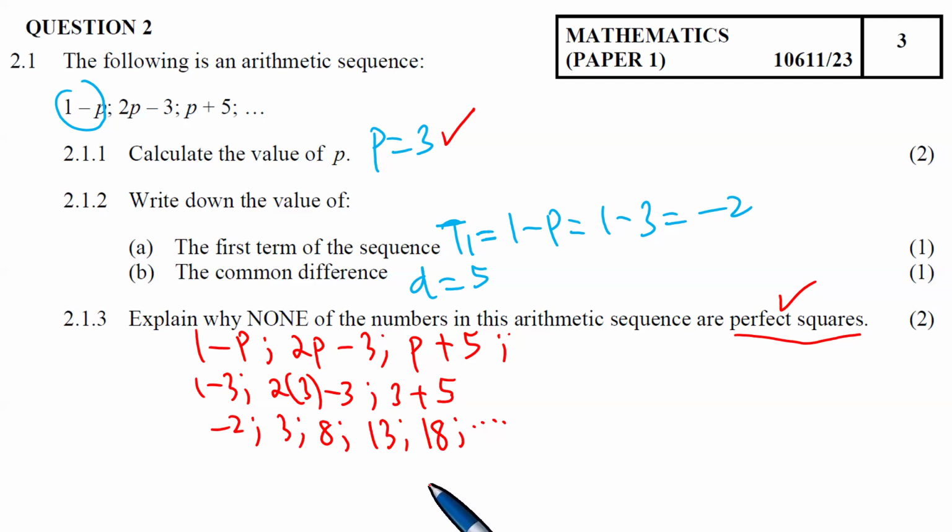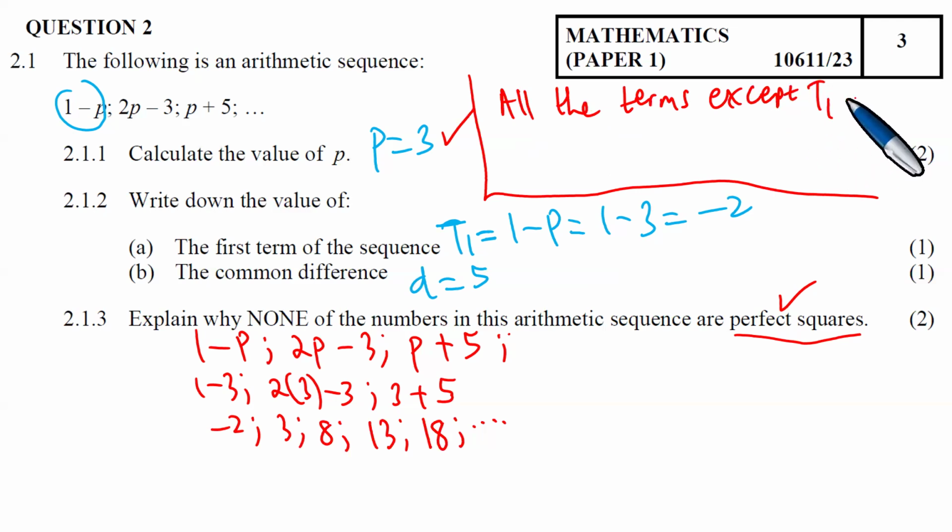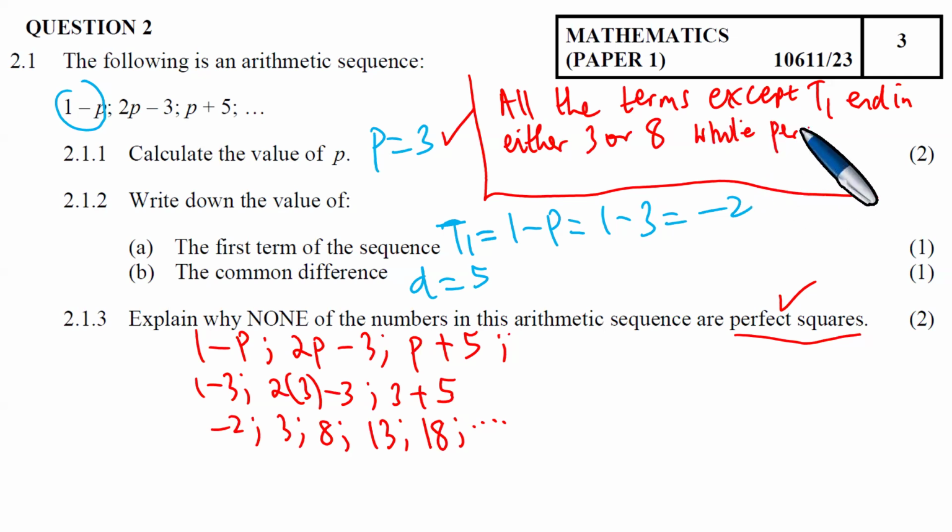So now what we are able to immediately observe here is that we can write, in this block here, that all the terms except T1 end in either 3 or 8, while perfect squares end in 1, 4, 9, 6, 5, 0.